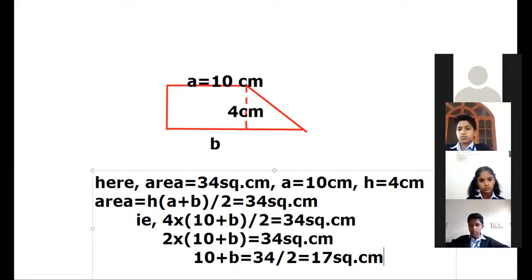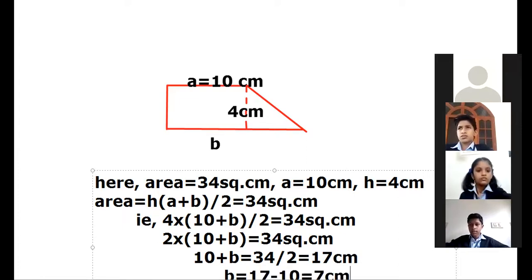It's centimeter, not square centimeter. Okay. 10 plus b is 17. Then b will be equal to 17 minus 10. That is 7 centimeter.